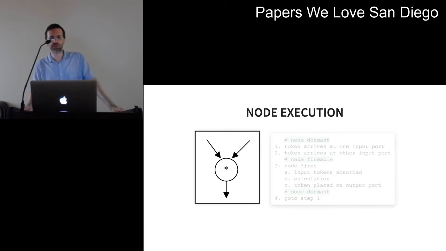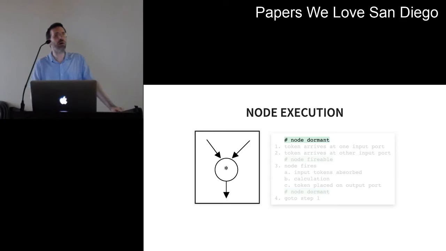So let's study the sequence of events that unfold as a node activates or fires or executes. That all means the same thing. This is a pseudocode mult node, as indicated by the asterisk, and it performs multiplication. It has 2 input ports and 1 output port. When the program starts, the node is in a state of waiting to become fireable.